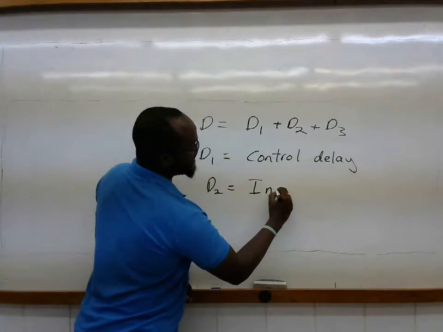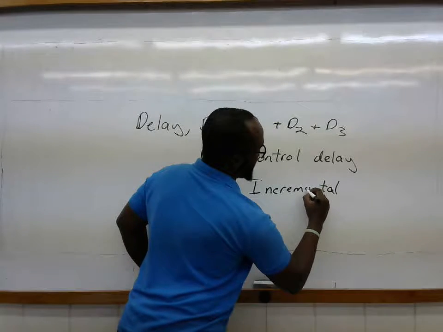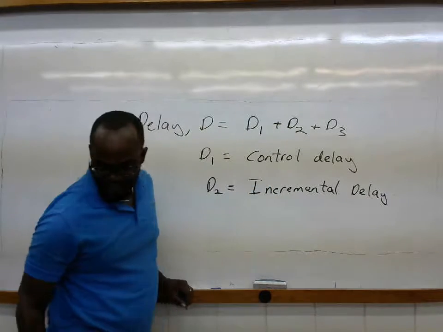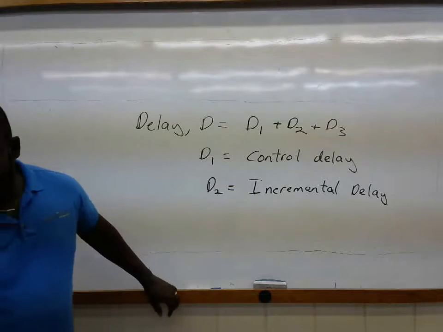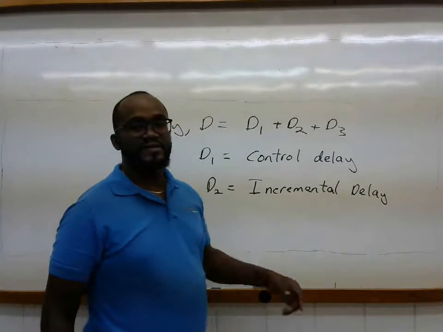So D2 is what we refer to as incremental delay. The incremental delay occurs when you actually have upstream effects.